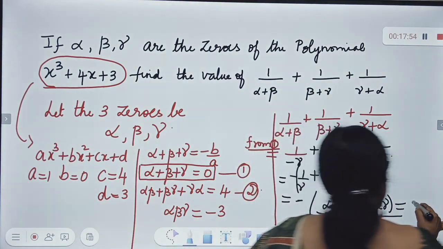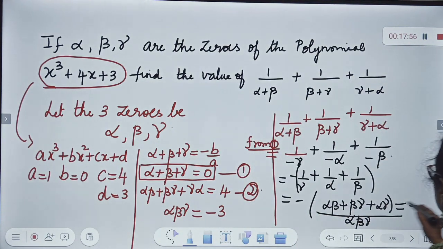So minus of, this is 4 and alpha beta gamma is minus 3, so minus 4 by minus 3. So it is equal to 4 by 3.